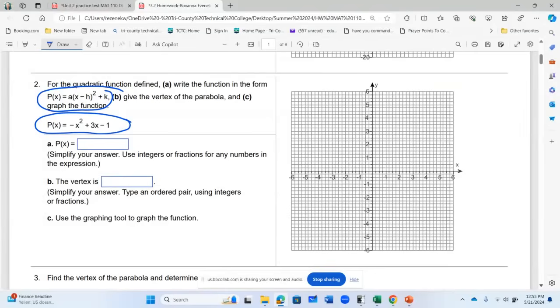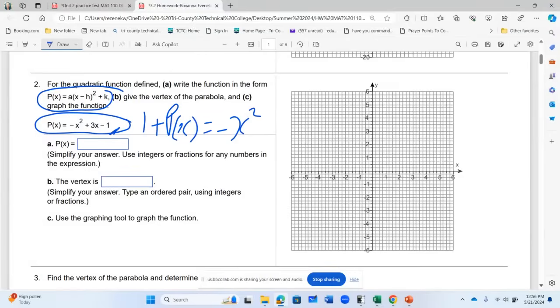The first thing I want to do is throw the constant term to the left-hand side. The constant term is negative 1, so I will add 1 on both sides: 1 plus p of x is equal to whatever remains.